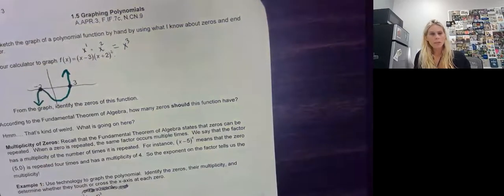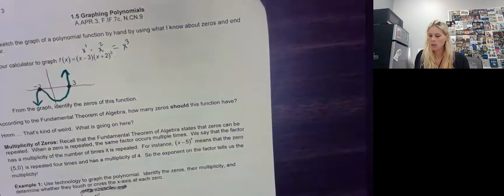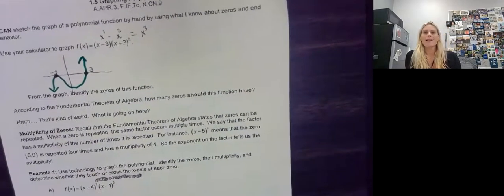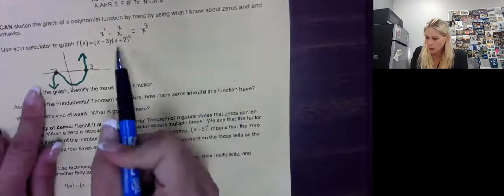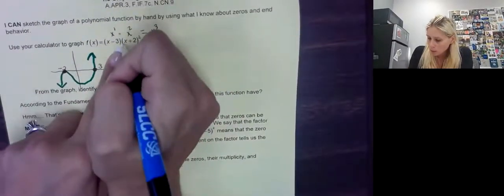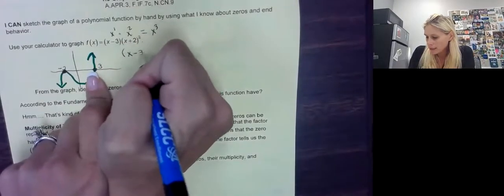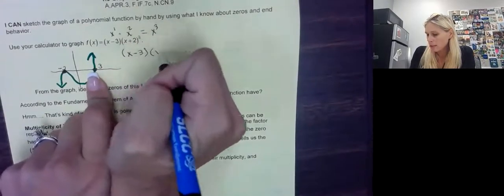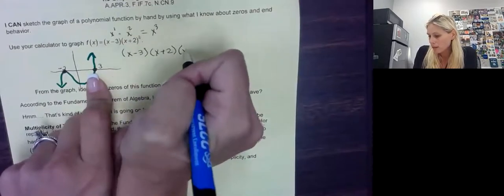So that's kind of weird because we're only crossing it twice. So what's going on? Well, this is where we get into multiplicity of zeros. So the idea is repeating zeros. And as you can see here, this is to the first. But if we were to expand this, it would be like saying x minus 3 times x plus 2 times itself.